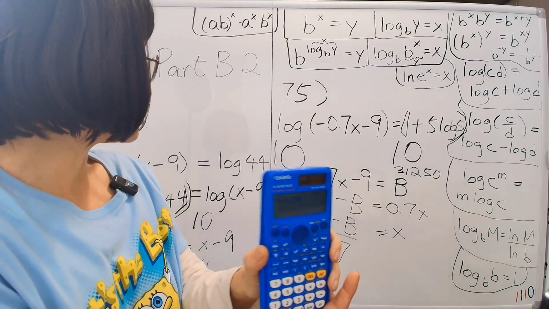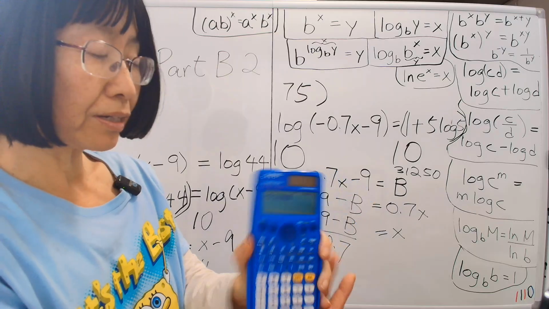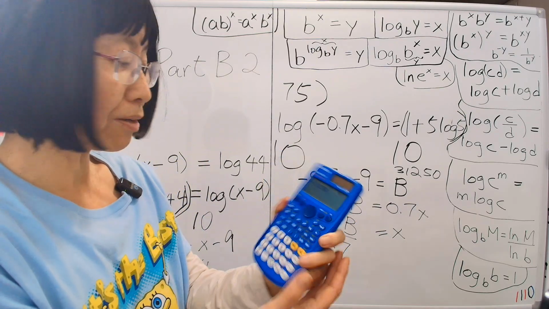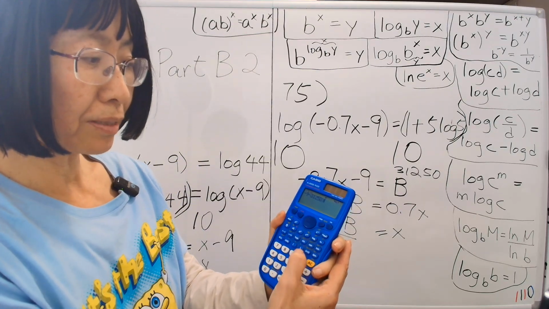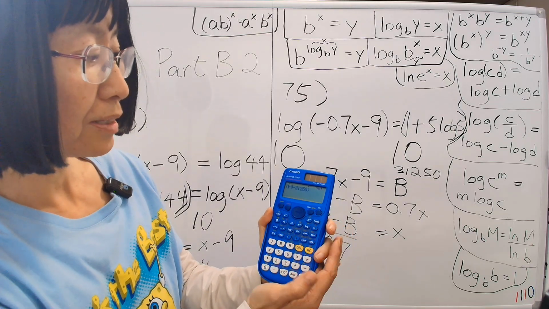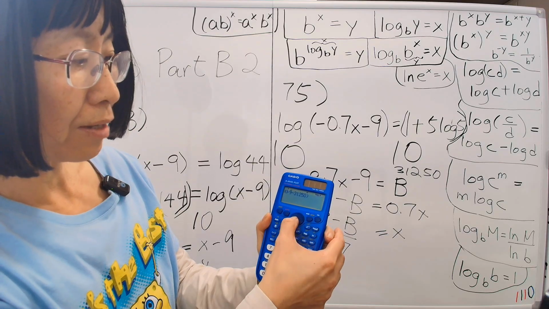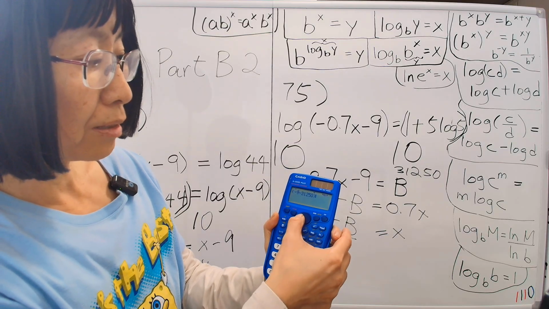Okay, I have -9 minus b, 31250. I forgot to put parentheses in it. So I need to put parentheses in it. And then I move the cursor to the front and add the parentheses that I should have gotten before and didn't. Okay, and then I'll go back, move there.